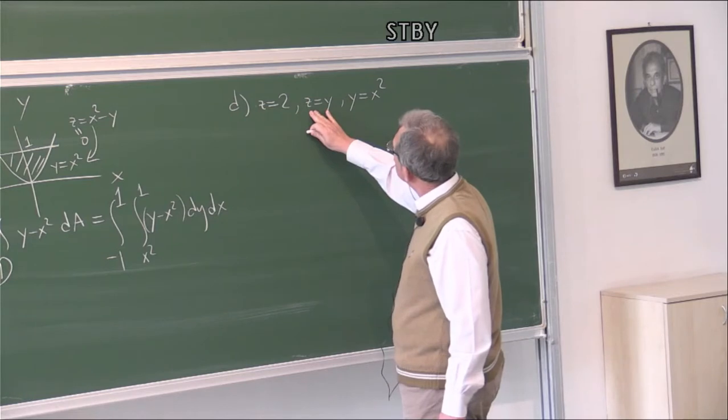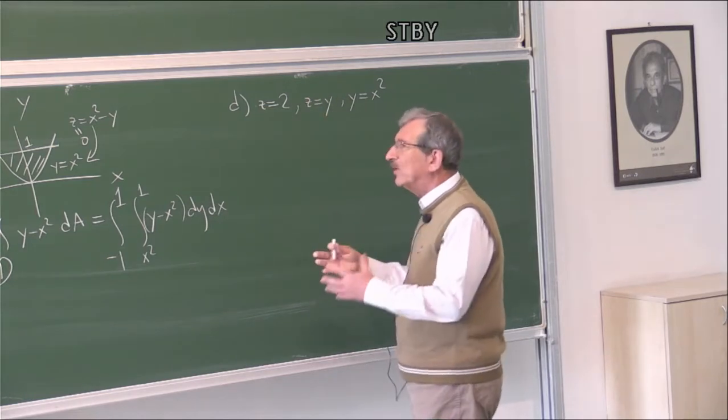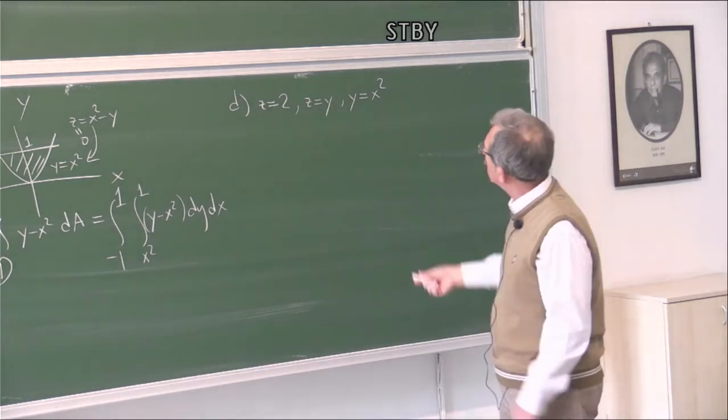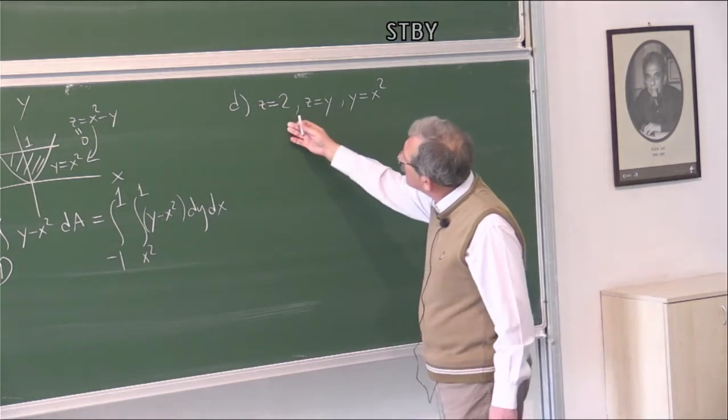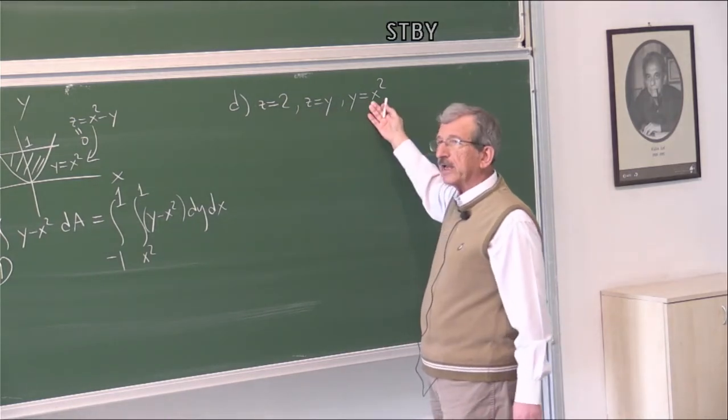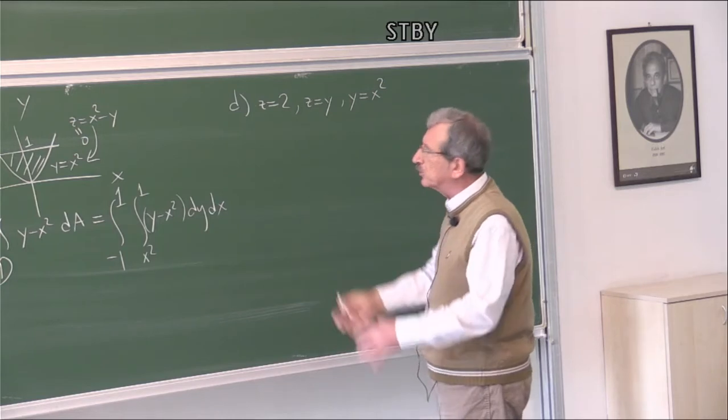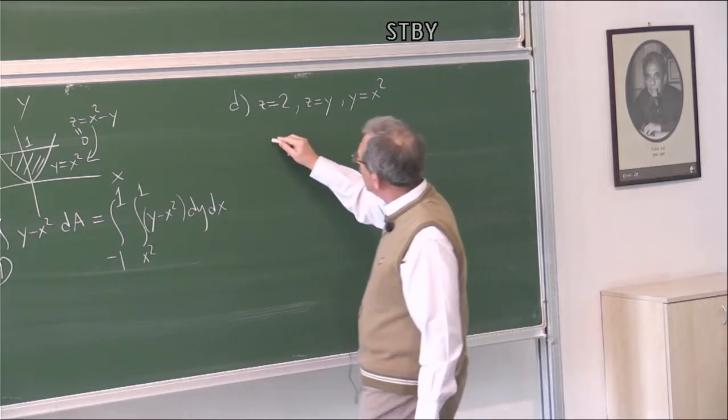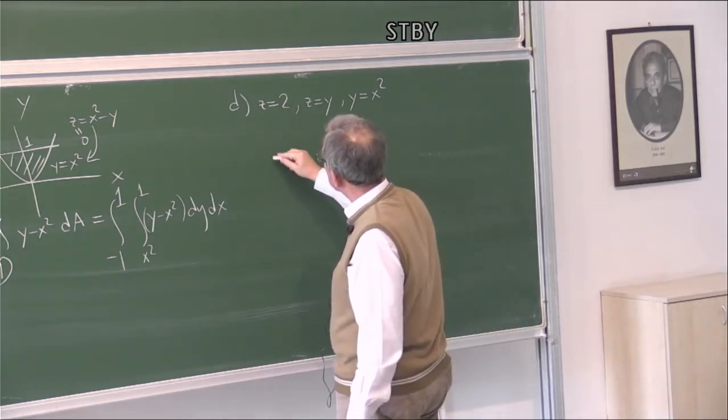Well, you can leave one out and see what's happening directly. Here, the only non-plane is y is x squared. It's a cylinder which goes vertically up. So it looks like the following.